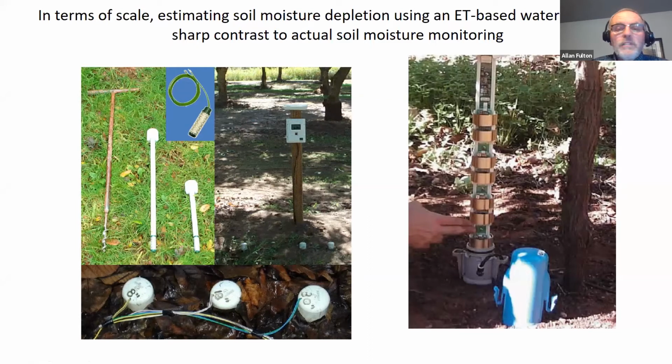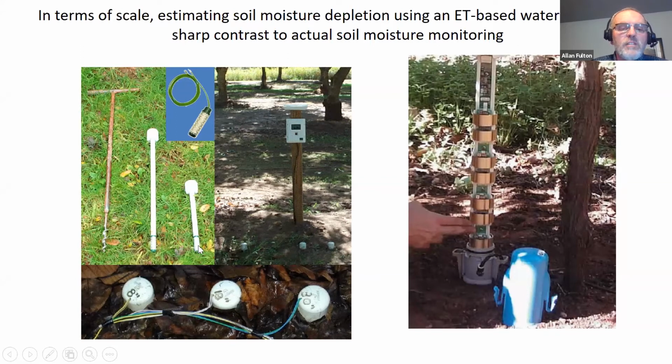And so the point of putting this slide in this presentation is that using a water budget approach is a big picture water balance technique for tracking how you're doing with your irrigation. Here we're relying on sensors that only sense the soil moisture in a very small volume of soil.